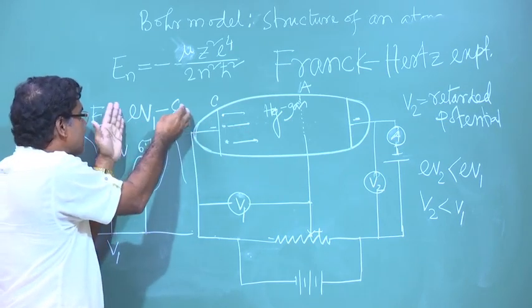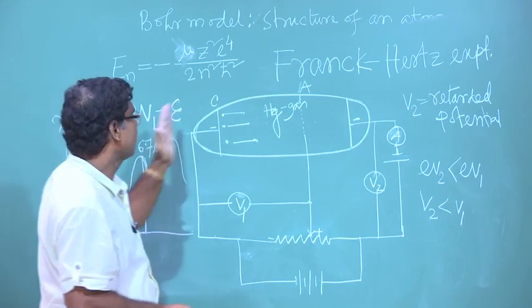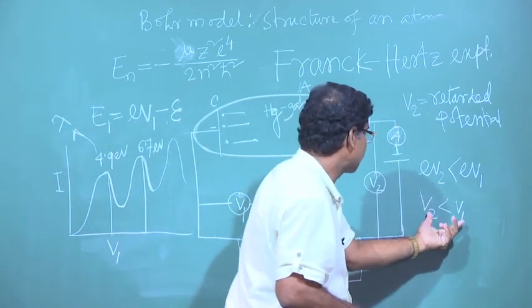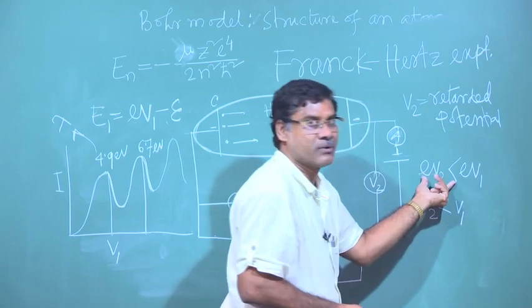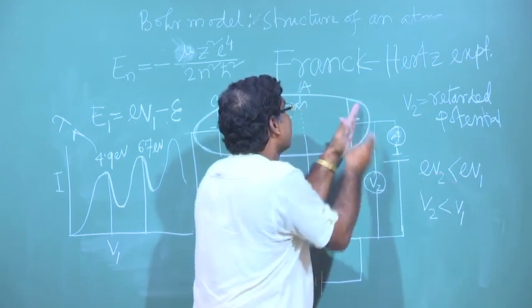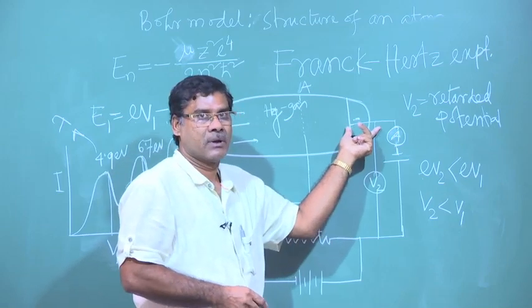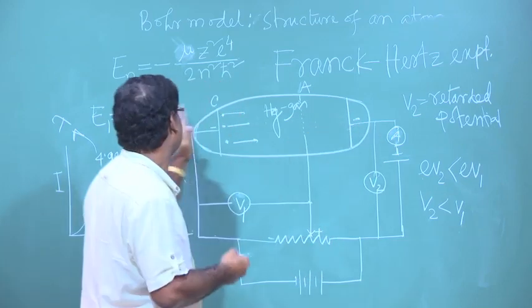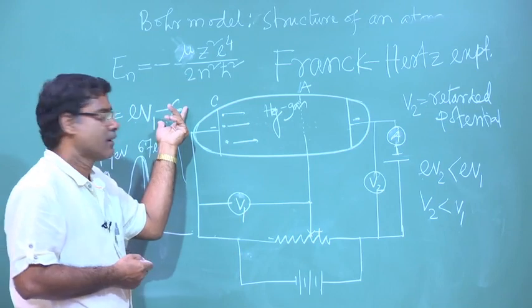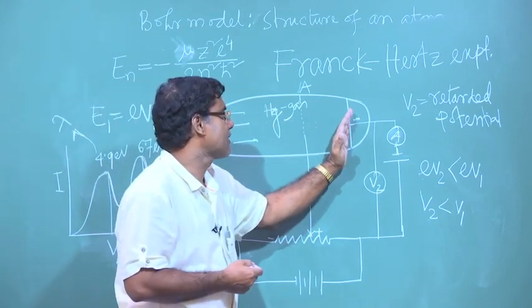Now this energy is less than the retarded potential energy EV2, and that electron cannot reach here. That is why the retarded potential is used. It may have some energy left after losing this energy, so if the retarded potential were not there, it could reach.